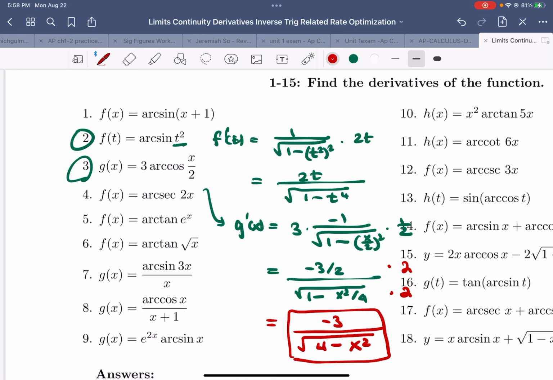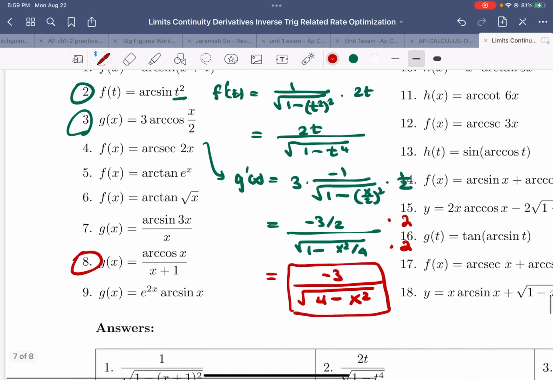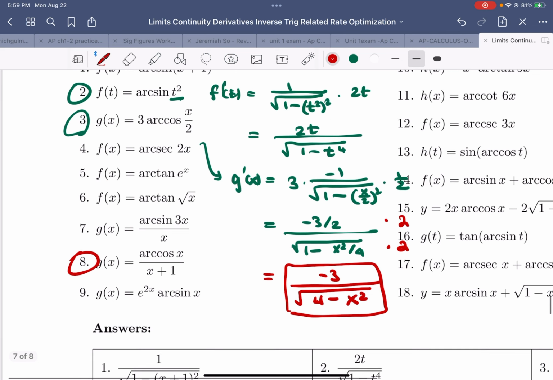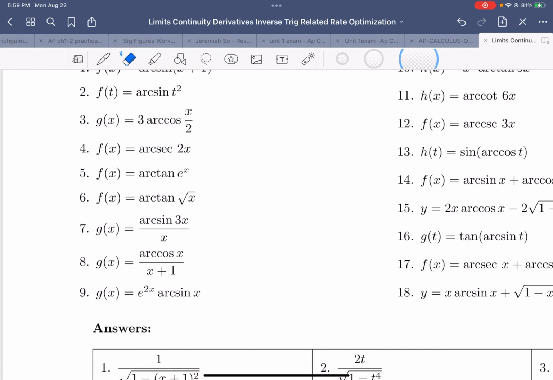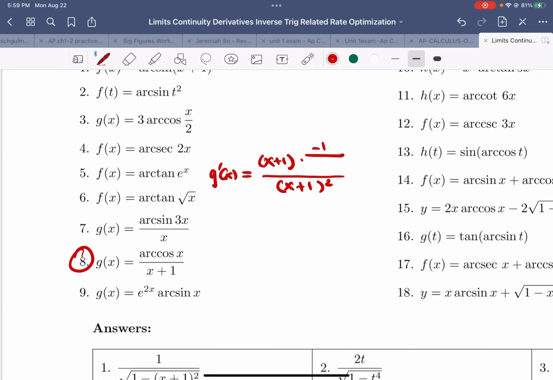Now let's do number 8. Okay, number 8. I need some space, so let's erase this. Number 8. So when you take a derivative, this is a quotient. So denominator squared, low, derivative of high. So the derivative of inverse cosine is negative 1 over root 1 minus x squared, minus high d low.